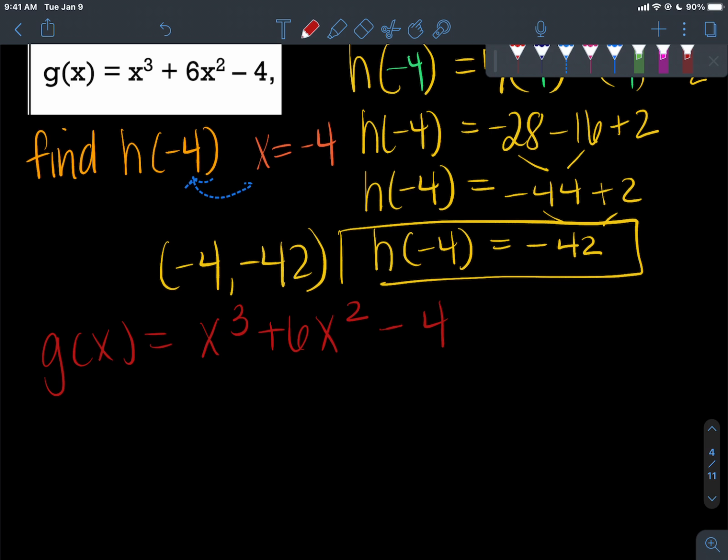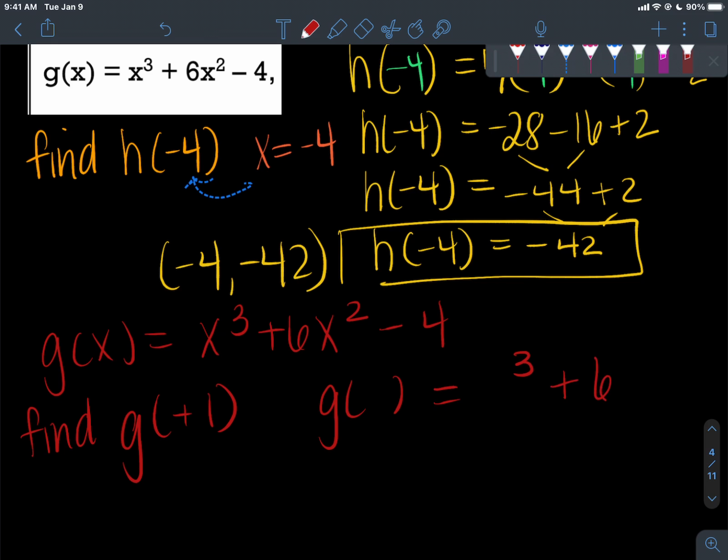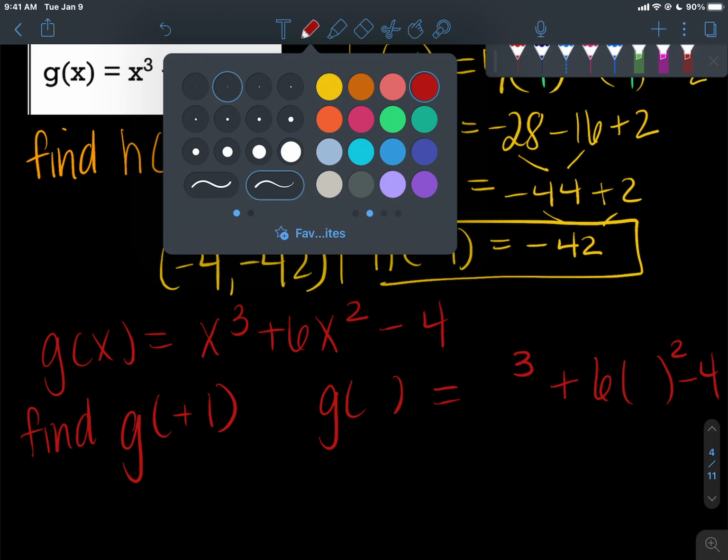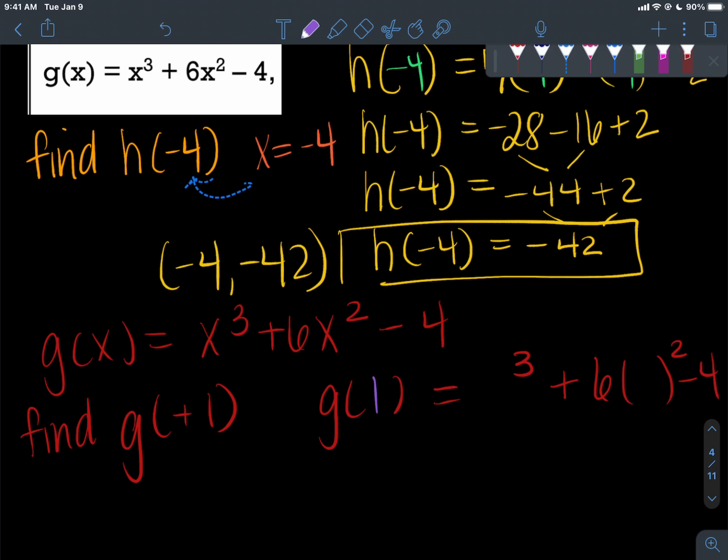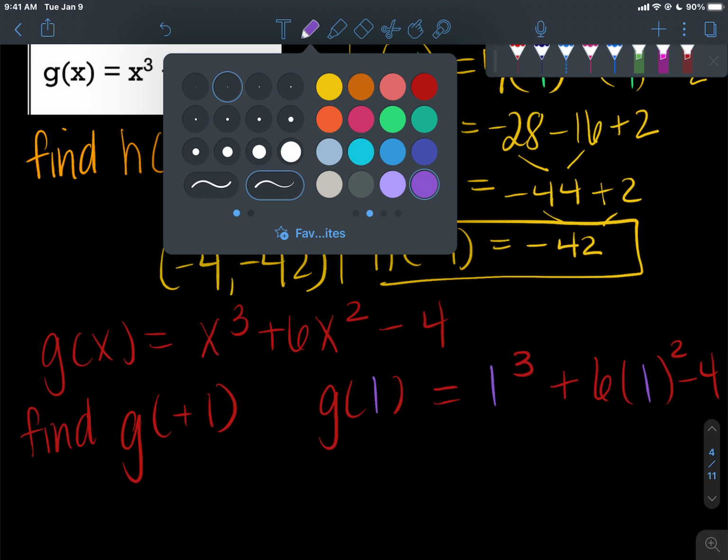All right, so let's say for this one, they said find g of +1. Okay, so I'm going to go ahead and copy this equation over. Everywhere there's going to be an x, I'm going to write in a different color. So everywhere there's an x, I'm instead plugging in a 1.